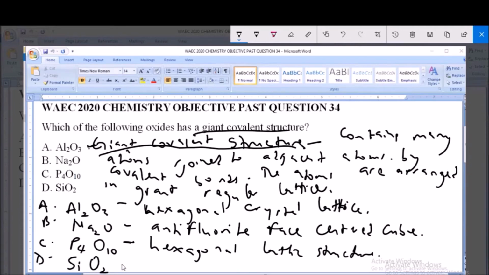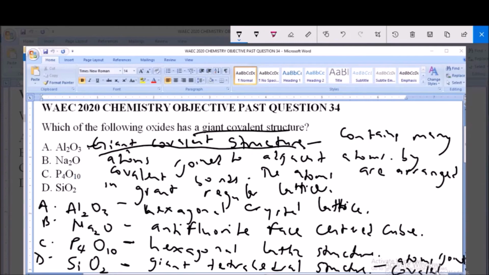And option D, silicon 4 oxide, has a giant tetrahedral structure. And in this tetrahedral structure, you have the atoms joined covalently.